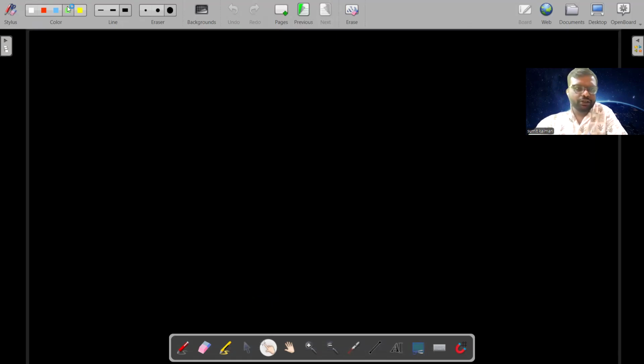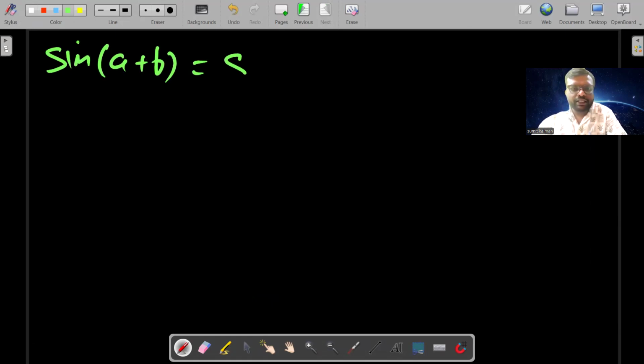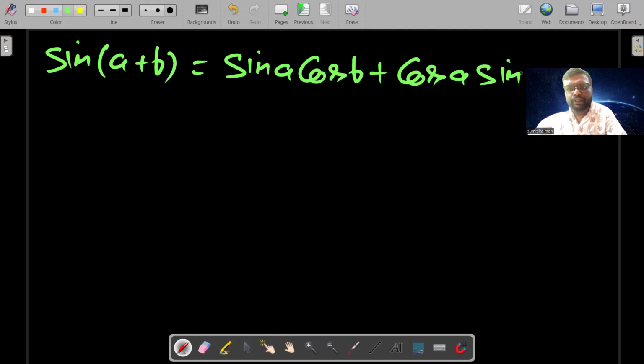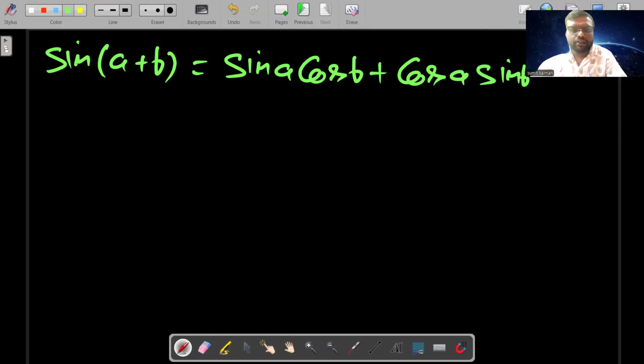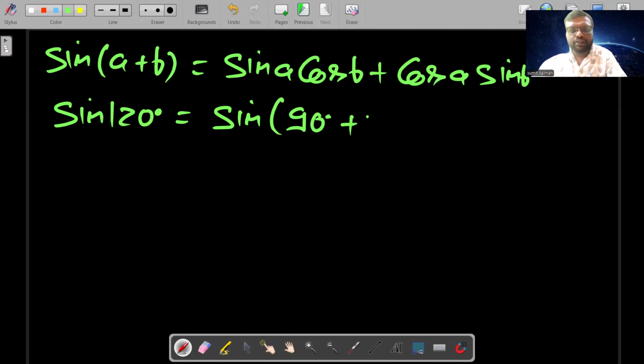As you might have studied in class 10, this formula: sine A plus B is equal to sine A into cos B plus cos A into sine B. And students, sine 120 degree, I will write this as sine 90 degree plus 30 degree.